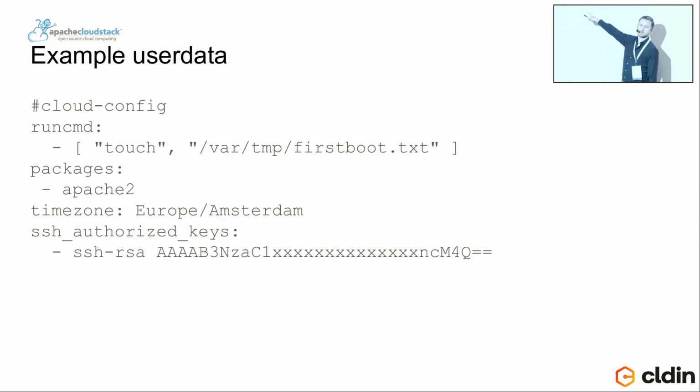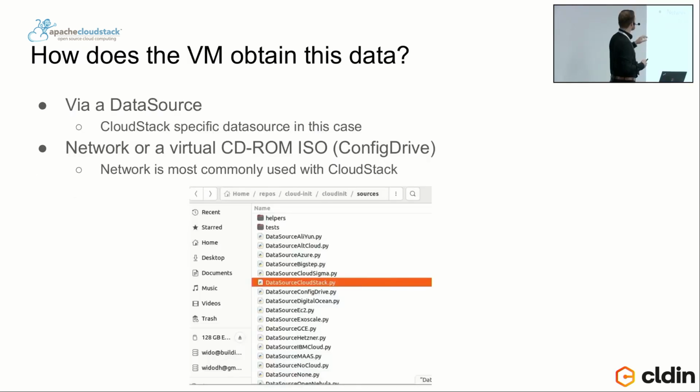Very important: if you do not provide that first line, cloud-init will not process it. There's also the ConfigDrive, which is a virtual CD-ROM. I'll talk about that a bit later. But from my perspective, what I see is that the network one, talking to the VR, is the most commonly used in CloudStack. There's a data source, a Python file in cloud-init, which does this.